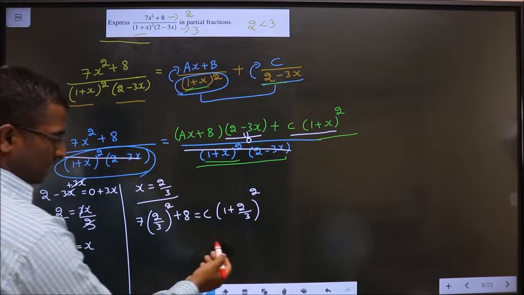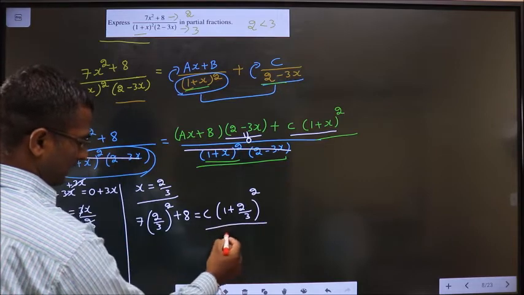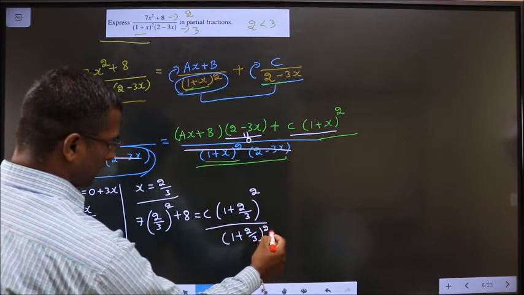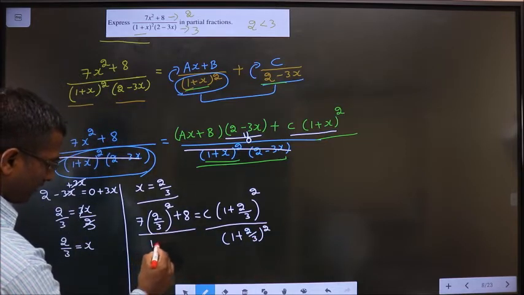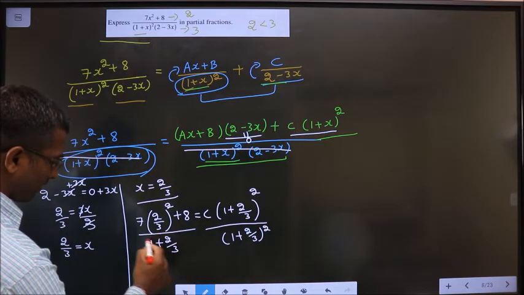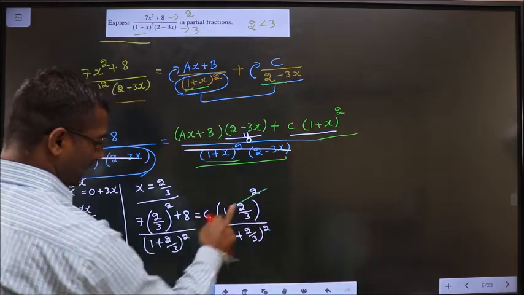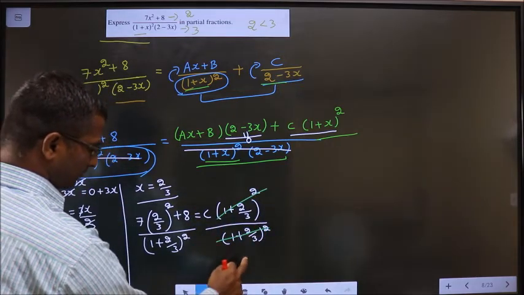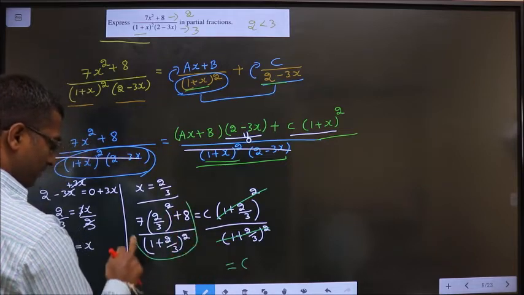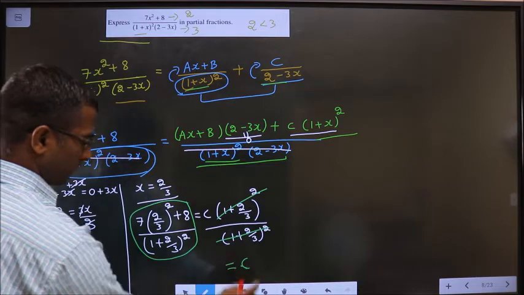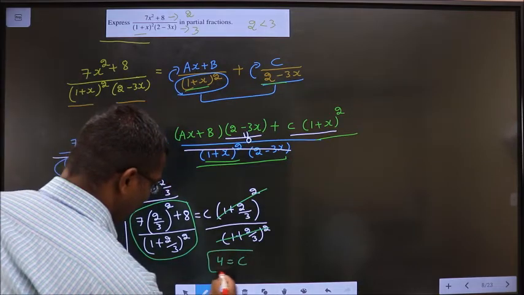Now to get c, divide both sides by 1 plus 2 by 3 whole square. Now this cancels out. Put this carefully in the calculator. You get the c value to be 4. Okay.